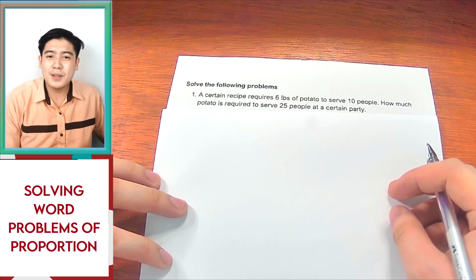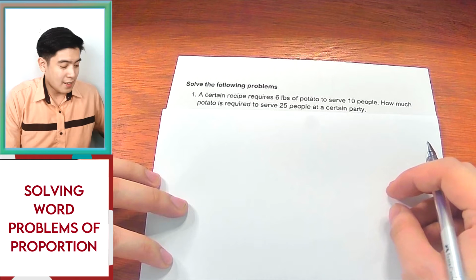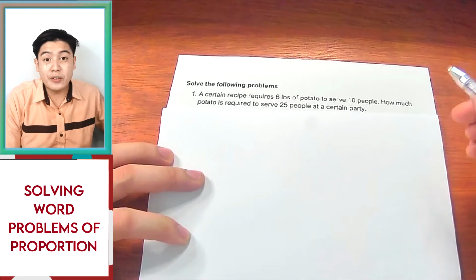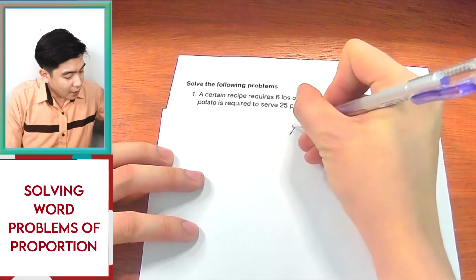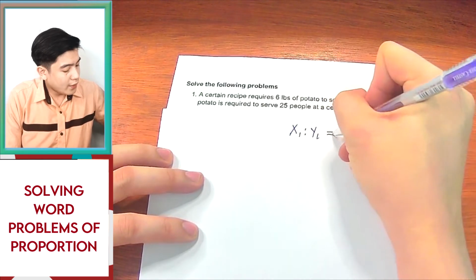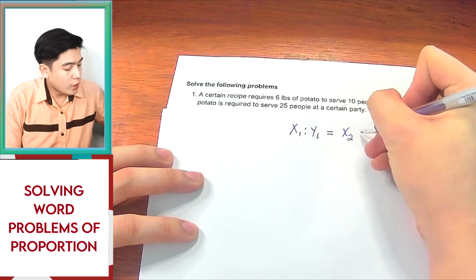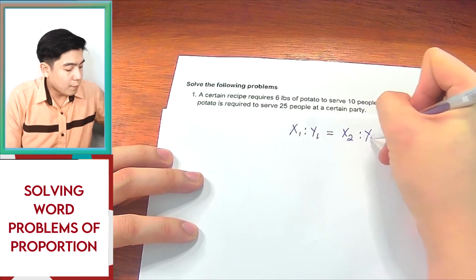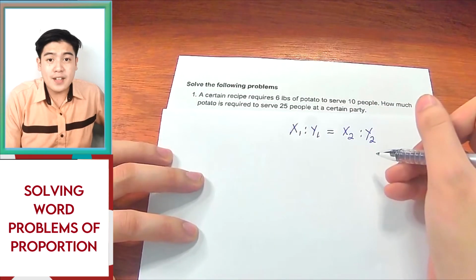Ano ba yung sinasabi kong extreme at means? For example, meron tayong ratio na x sub 1 is to y sub 1 equal to x sub 2 is to y sub 2. Ano yung extremes dyan?